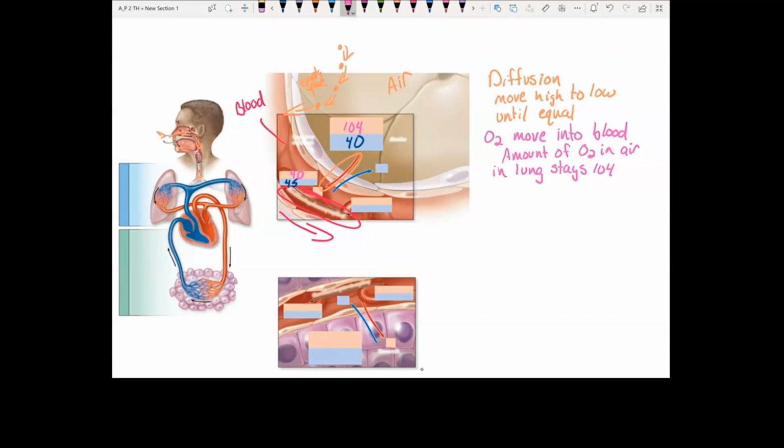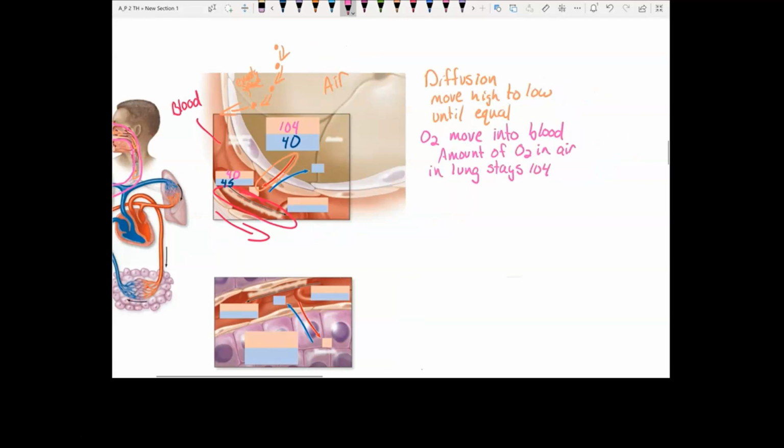But as long as you have that open airway all the way down like this, each one is just going to keep moving in to take the place of the other.